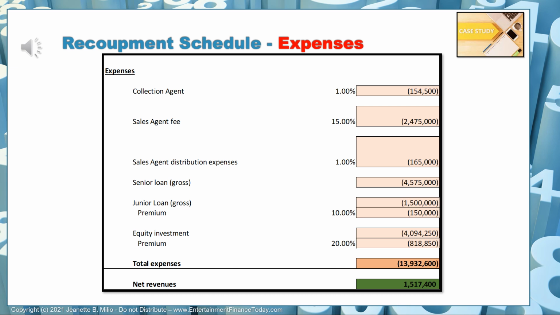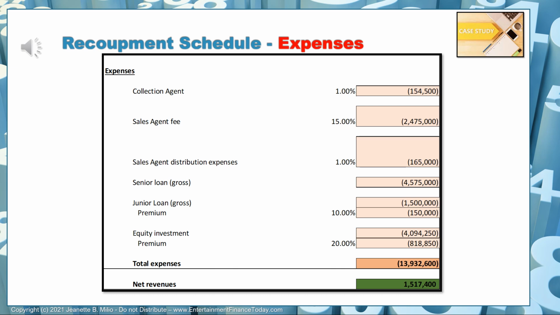You remember the equity was $4,095,250, and the equity charges a premium of 20% on that. 20% of $4,094,250 is $818,850. So when we're looking at all the repayments and all the expenses that are being charged to us, altogether, it's $13,932,600.